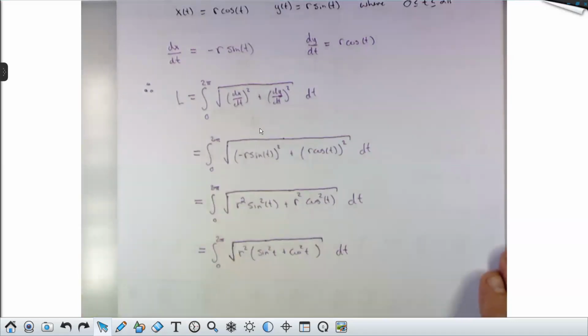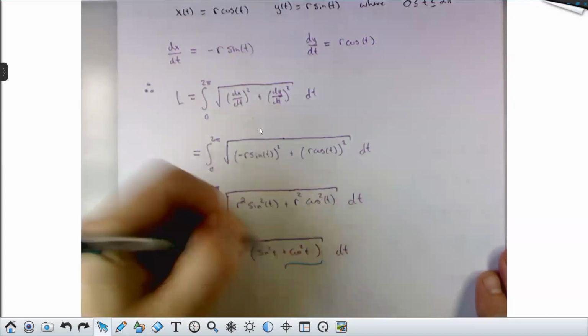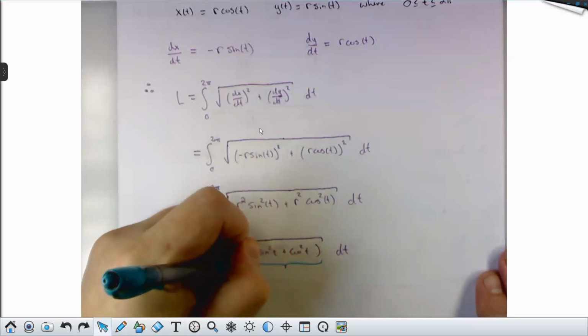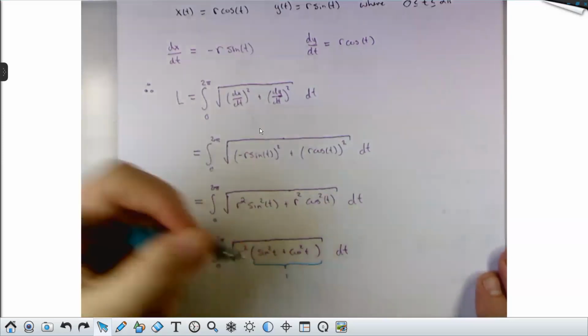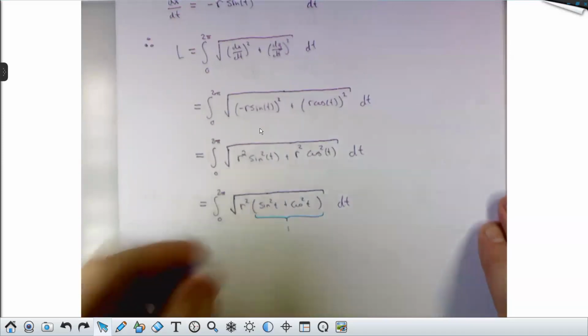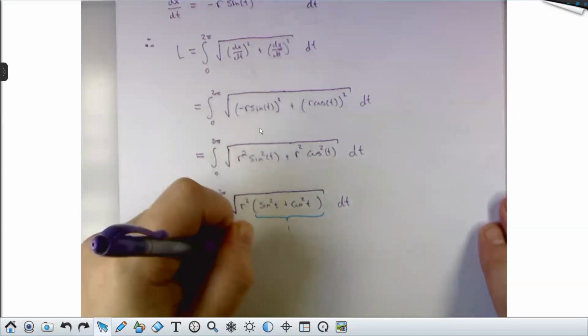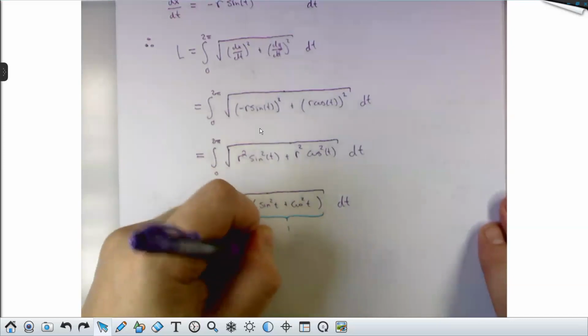And you know that sine squared t plus cos squared t is 1, by the world's most useful trig identity. So this is just the integral from 0 to 2 pi of the square root of r squared dt.